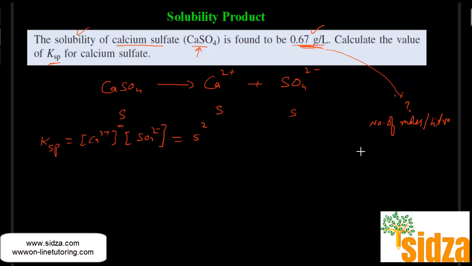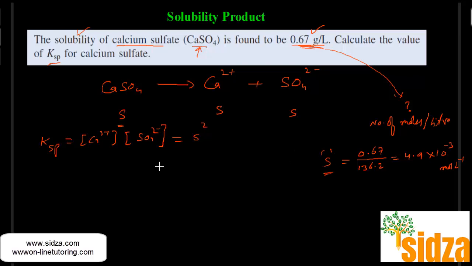The molar mass of the calcium sulfate is 136.2. When you simplify this, it comes out to be 4.9 into 10 to the power negative 3 moles per liter. This is our solubility.